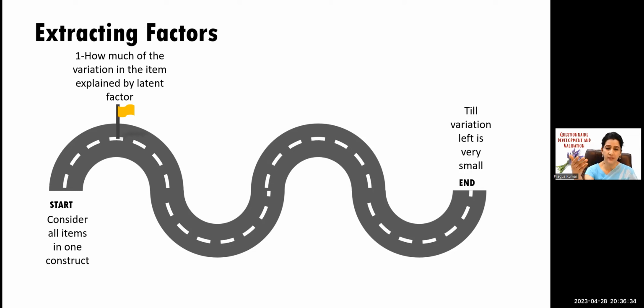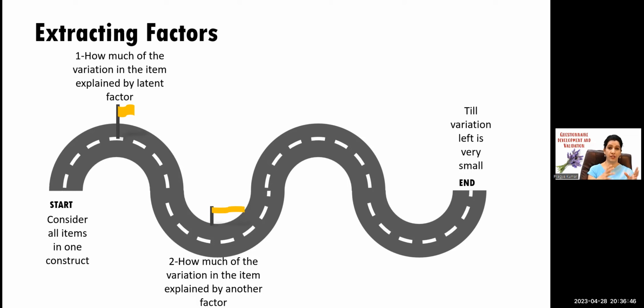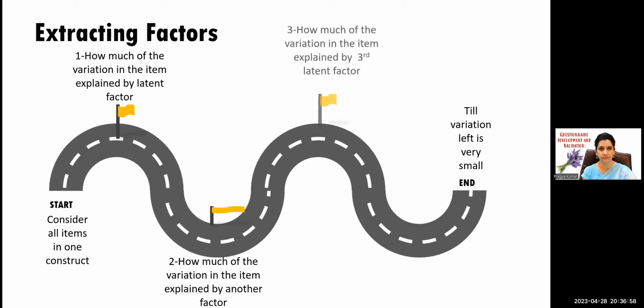Let's say 40%. So 40% of the variation in that item is explained by that latent factor. Then the model sees how much of the remaining 60% variation is explained by another factor. Another factor means another latent variable.